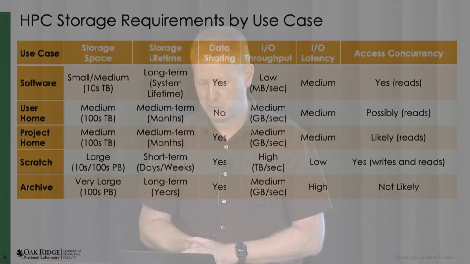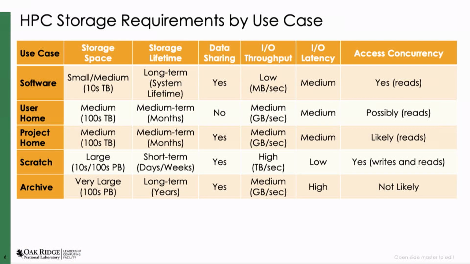So here's a table that runs through my worldview, and this may not match exactly with what is provided by facilities, but in general, we have the use cases in the first column, and then the metrics across the top. So, software is, in comparison to other things, a relatively small amount of storage that's necessary for keeping the facility managed software.